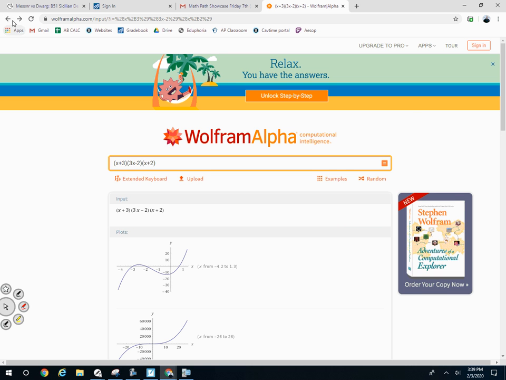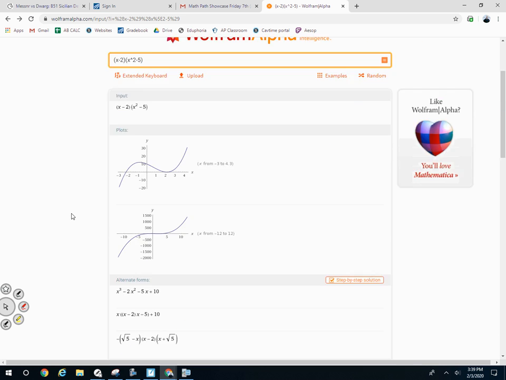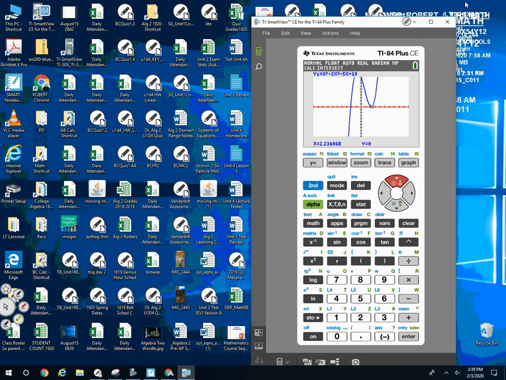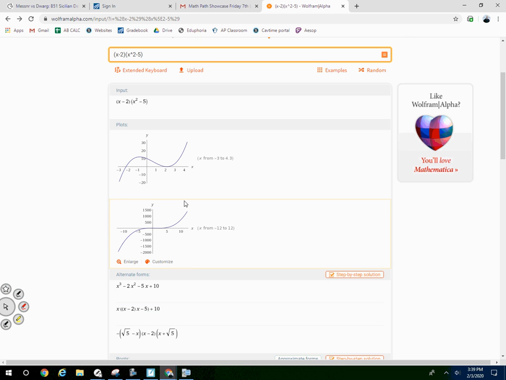Is this Wolfram also? Yeah. Minus 2x squared minus 5x plus 10. X cubed minus 2x squared minus 5x plus 10. That's what you had up on the board, right?